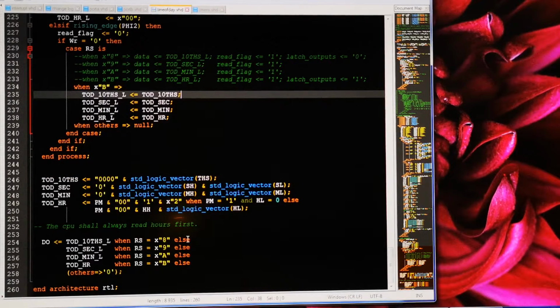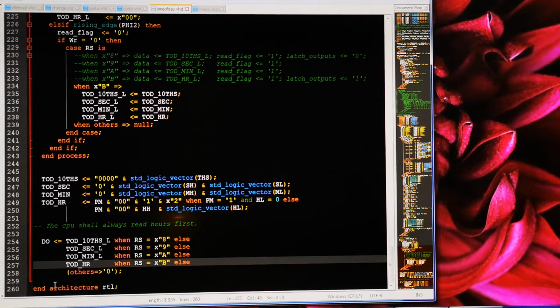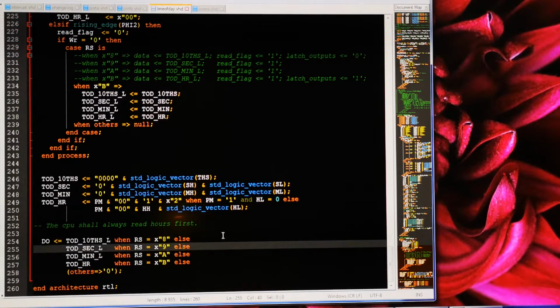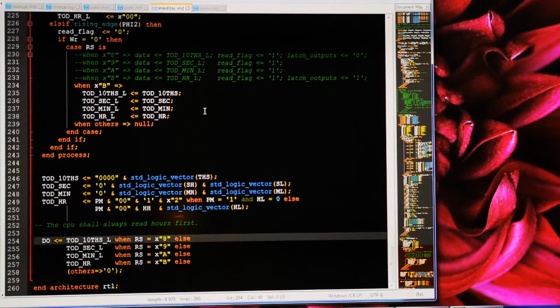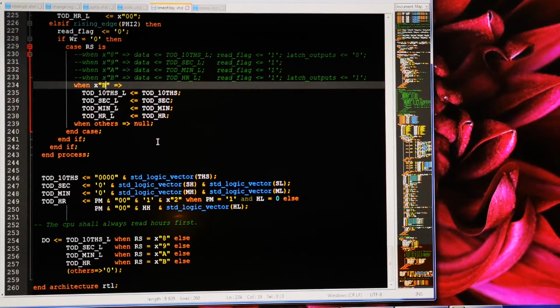And so if you get a read TOD HR, which is the read hour, then you read the hour, not the latch, because you want the value that will be latched in the next cycle. And then the CPU will read minute and second and tenths. And when those are read, they are already latched because we read the hour first. That's actually something that's specified in the datasheet, so this is supposed to work like this.